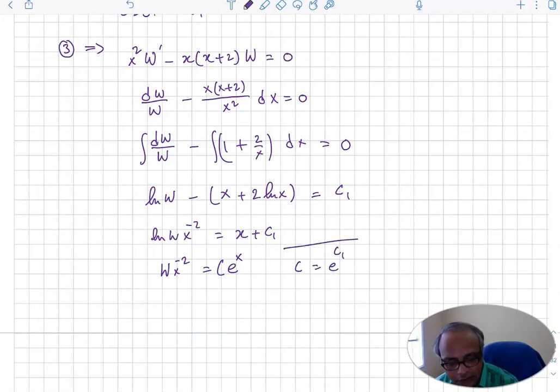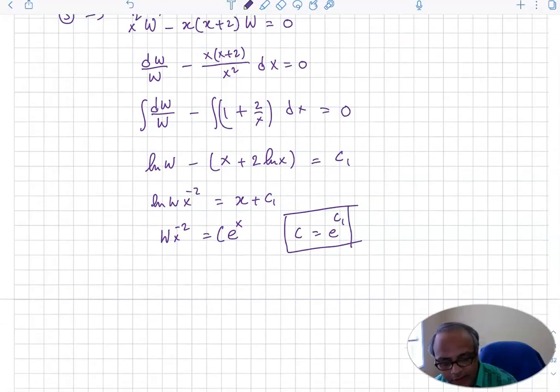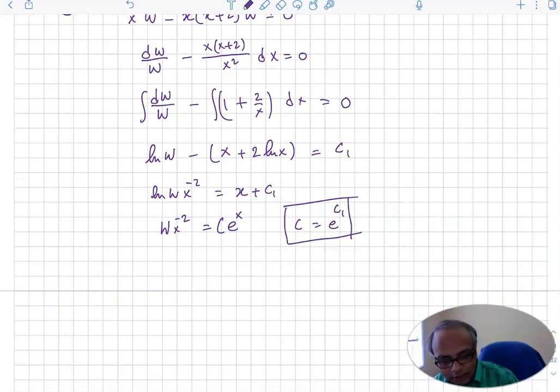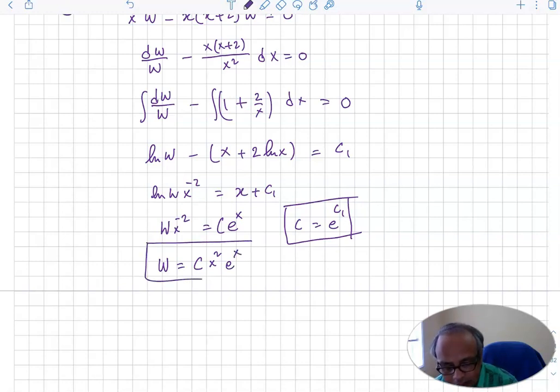We're doing a lot of simplification here. This is not a calculation, this is a new symbol. So W x to the power minus 2 equals c e to the power x, so W equals c x squared e to the power x, and this is your Wronskian.